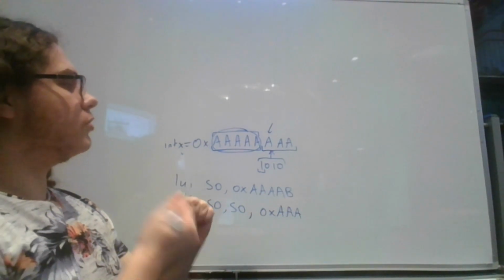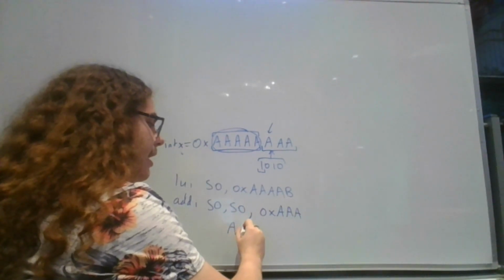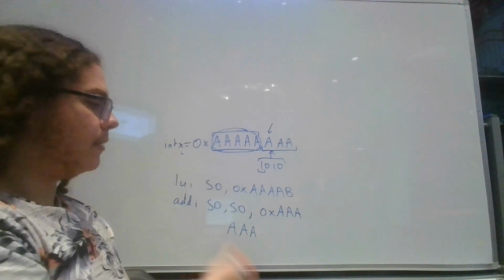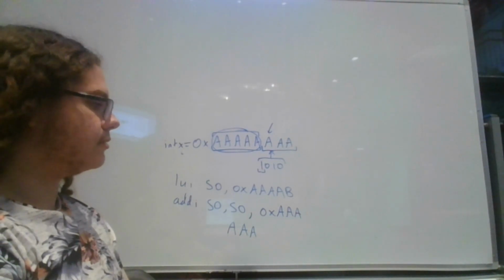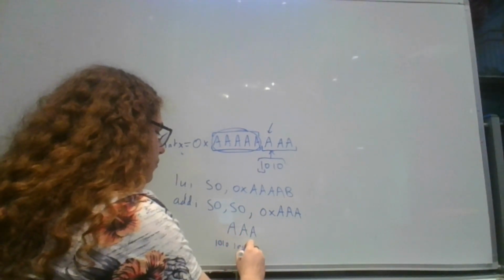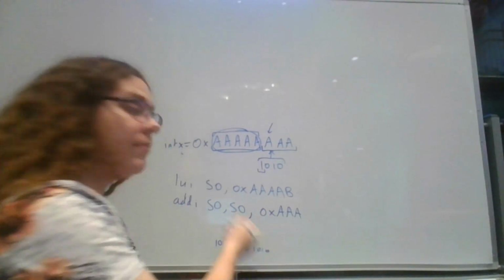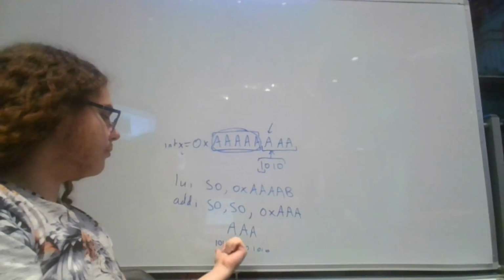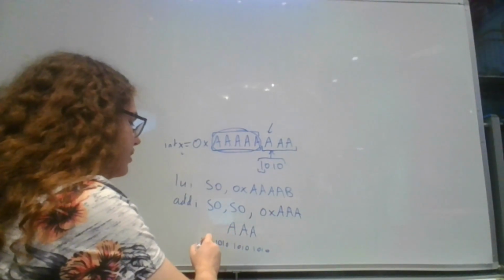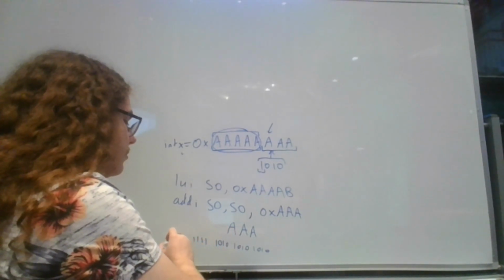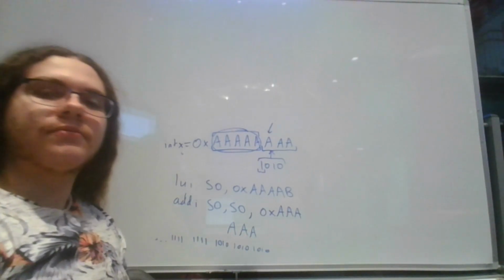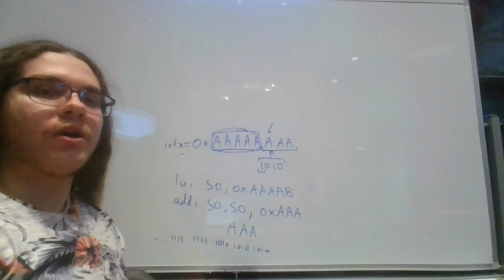So if your number was originally AAA, it's going to take that number and sign extend it. But here the most significant bit is a 1, so I'm going to copy a 1 into all of the topmost bits. And this is the number that I'm adding to whatever my register is.